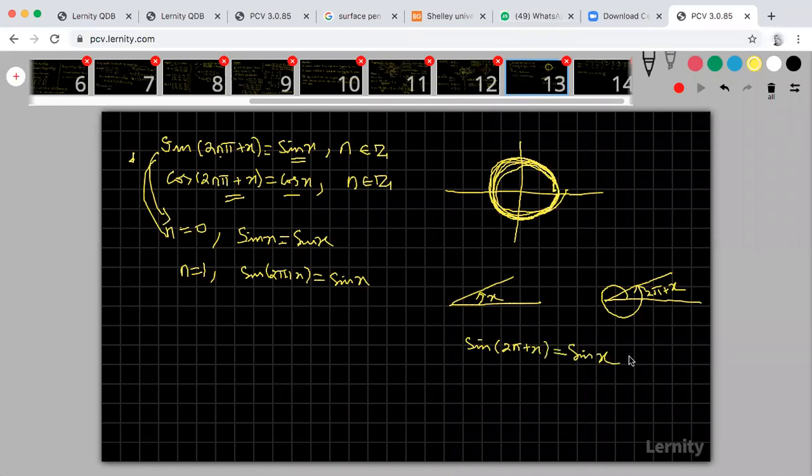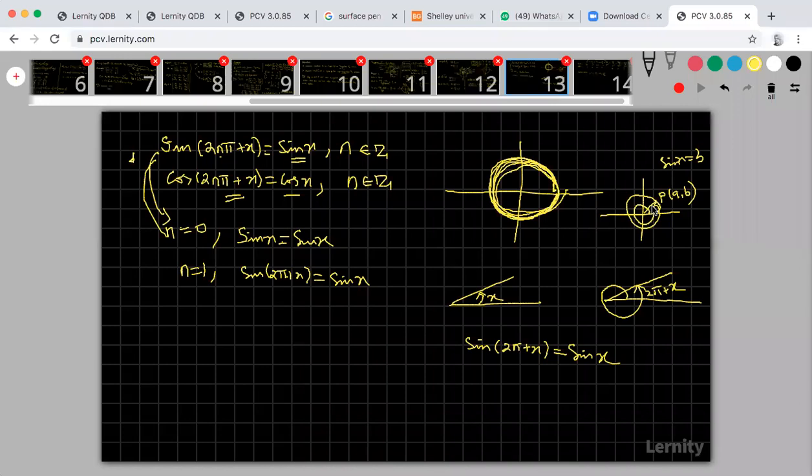Why? Because in this unit circle, I am taking this as P. Suppose I am getting A comma B. What is my sine? Sine x is B. Suppose the angle is again one full rotation and comes to here.